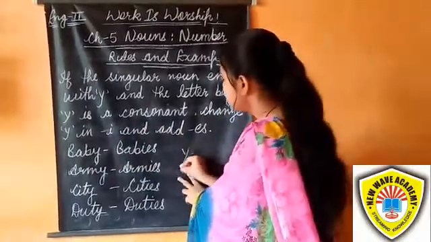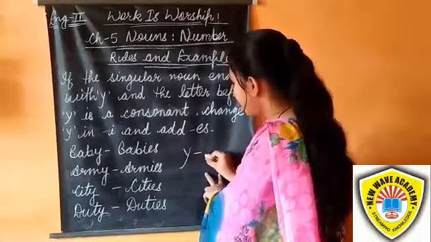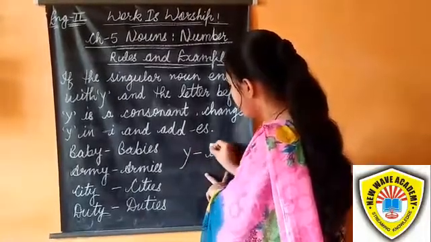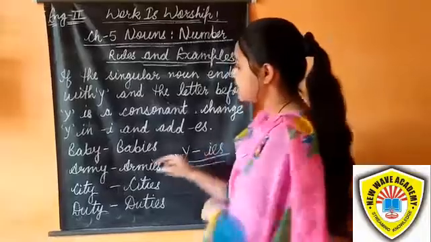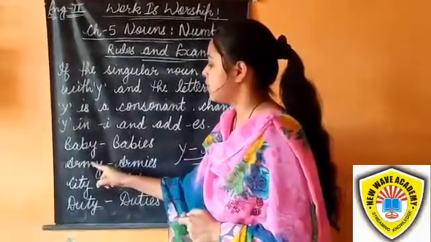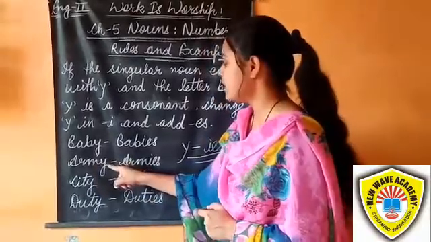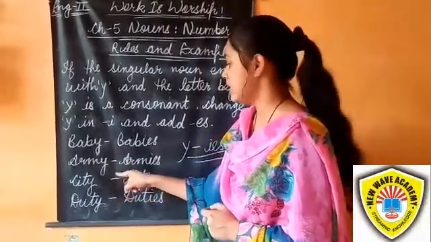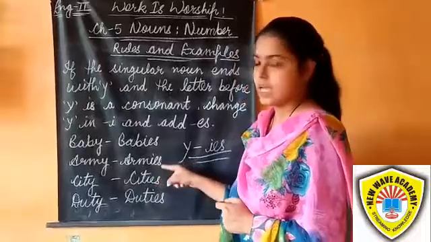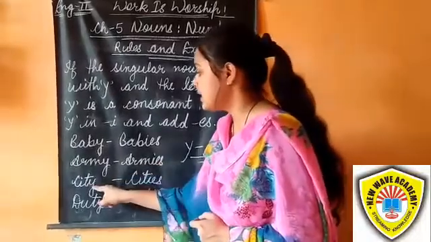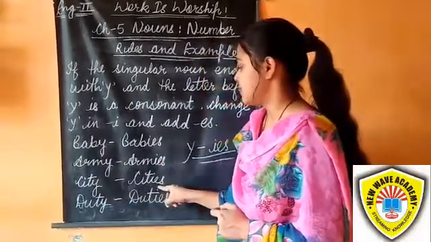Then we will write in place of y: i, e, s. For example, army. The letter before y is a consonant, so we will remove the y here and add i, e, s. Armies.